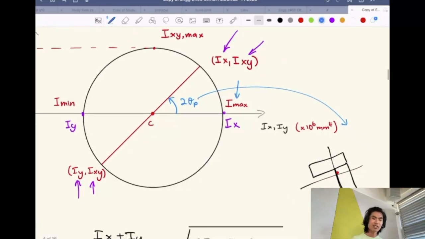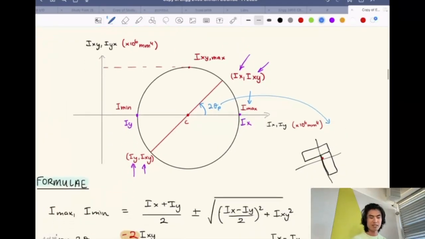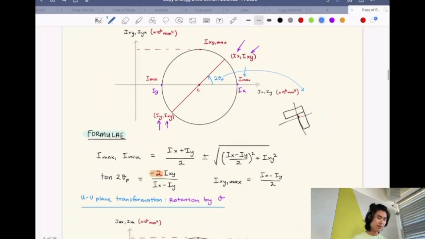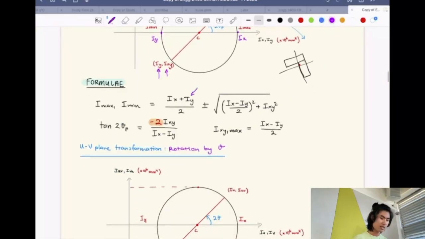But that's only for an irregular shape like this. You'll rarely see it, but it does come up sometimes. And that is basically what it just means. So these are your formulae for those respective elements. This is just the center of the circle, and this is the radius by Pythagoras.